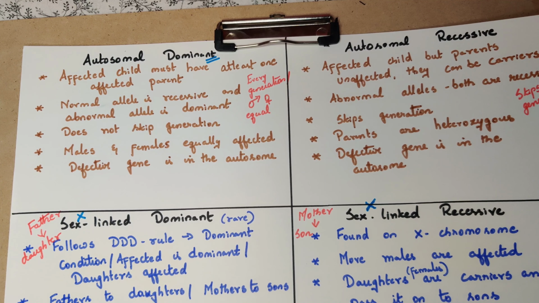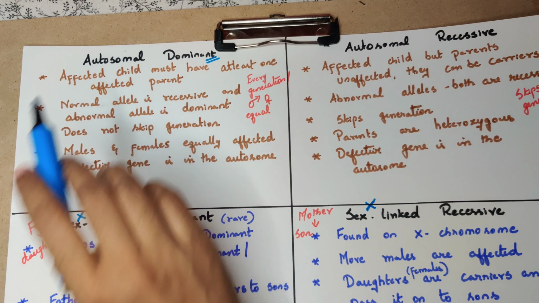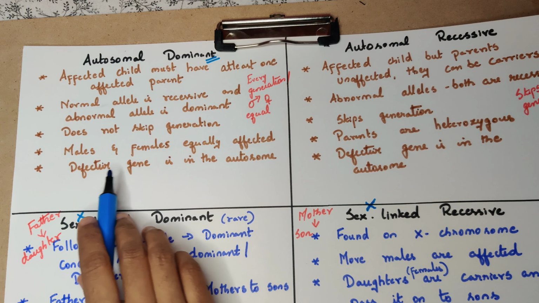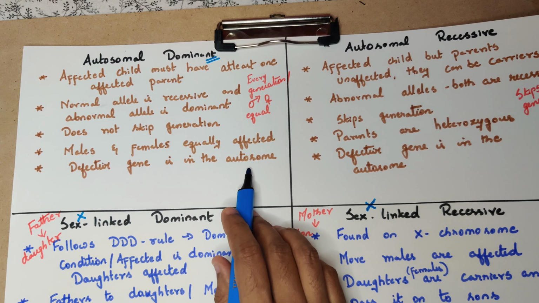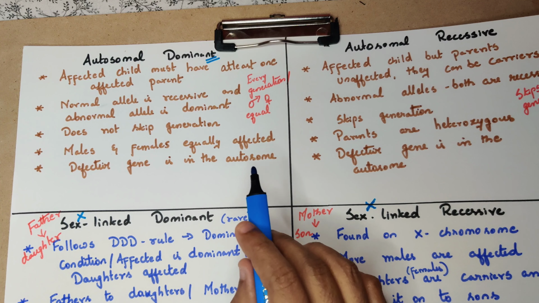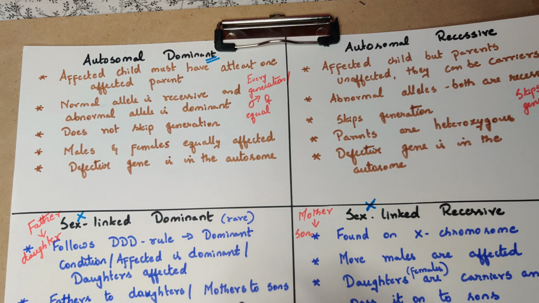If both male and female are equally affected, then close in on autosomal inheritance. Then the defective gene is present in the autosome. So this is how you should be solving for an autosomal dominant type of inheritance, which is supposed to be the easiest one to find out.